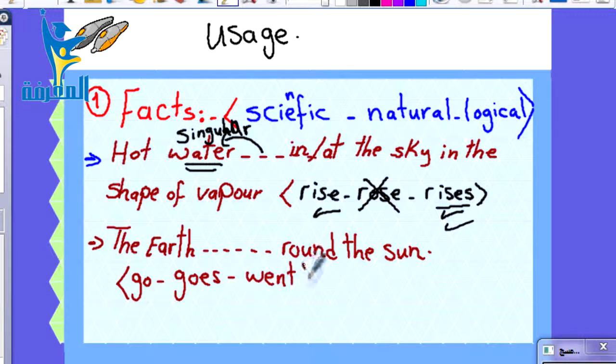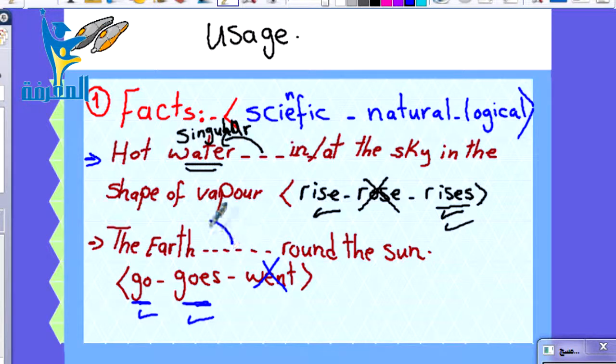Which one of these choices is the correct one? Of course, we are talking about natural facts, so we shall use the present simple tense as in the example before. So we will choose between go and goes. This is the infinitive shape, and this is the infinitive shape plus es. But went is past simple tense, it's not correct.